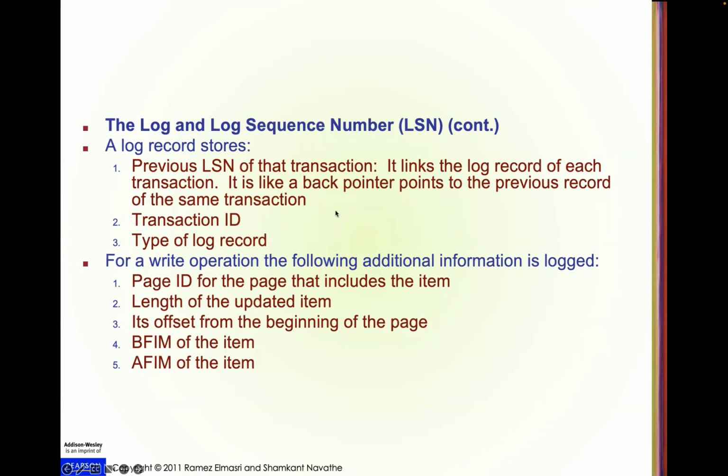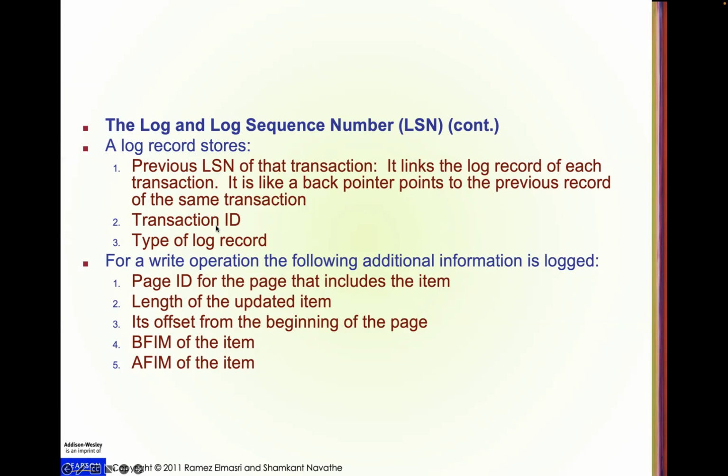For example, if the transaction T1 is trying to deduct 500 riyals from account A and deposit it into account B, we need to have these two actions connected with each other, right? We need to make a list of it so that if one is undone, the other also has to be undone. So previous LSN is providing that link to us.